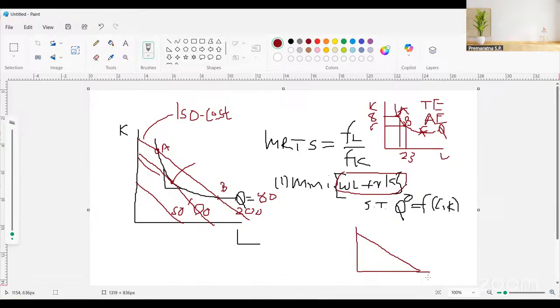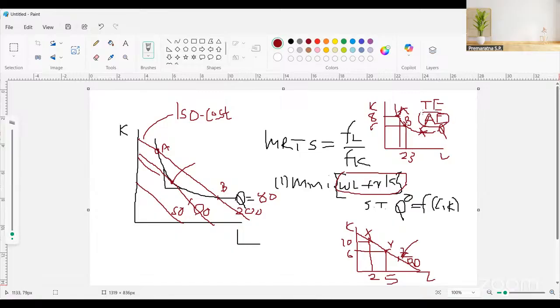Given an amount of budget, let's say the $100 budget, whatever combination on the isoquant curve producers decide to use, let's say X, Y, Z, any point, they decide to buy, for instance, from K 10 units, from L 2 units, likewise here from K 6 units, let's say L 5 units. So along the isocost curve, producers are efficient in terms of allocation.